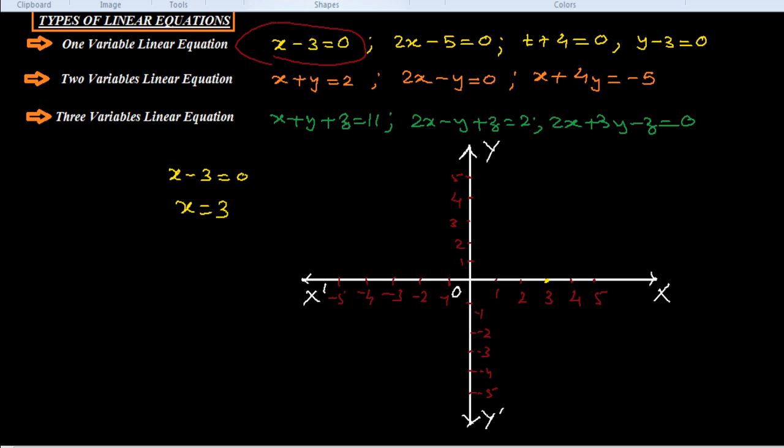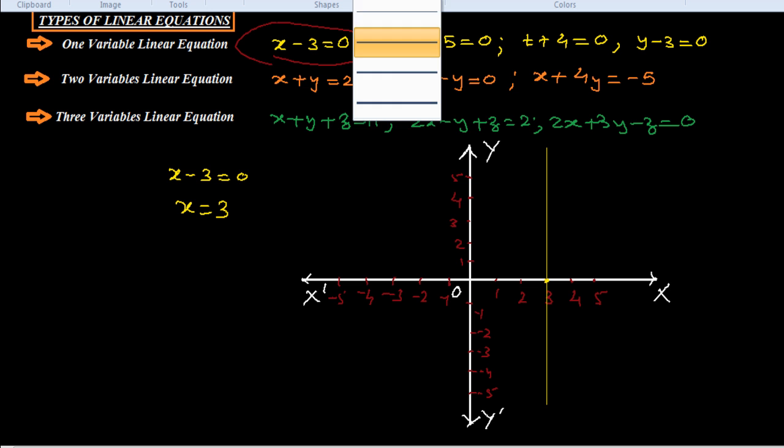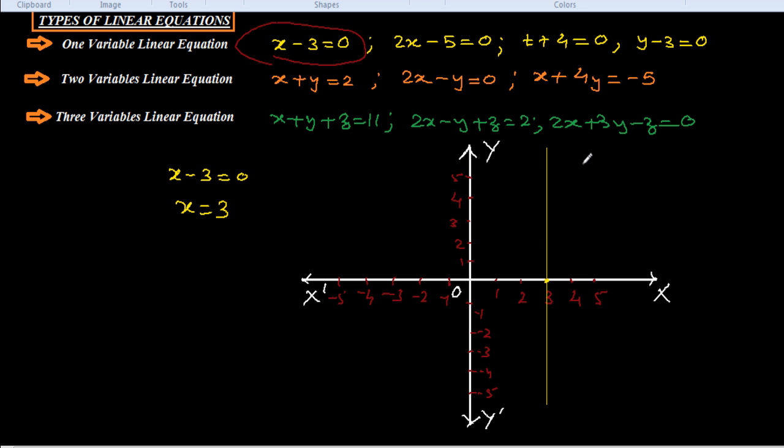So we draw a line here, passing through 3 on the x-axis. So this is x minus 3 is equal to 0.